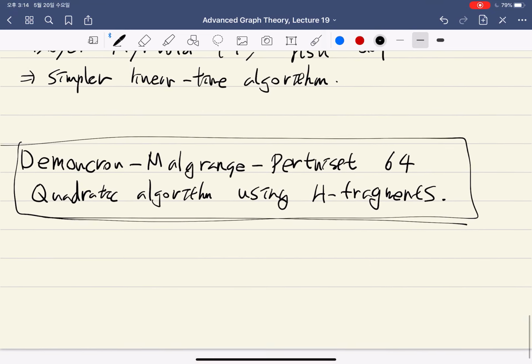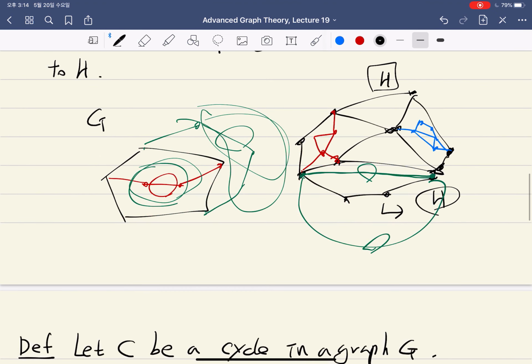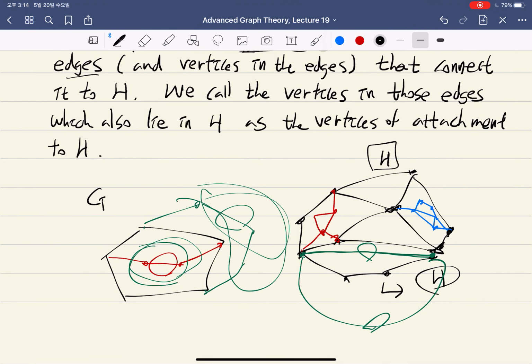The basic idea is as before. We have already embedded some part, say H, and then we look at the fragments. Each fragment has to be embedded into a specific face of this given embedding of H. This H gives this face, this face, 5 faces, 6 faces.